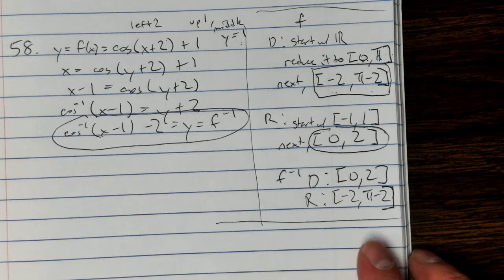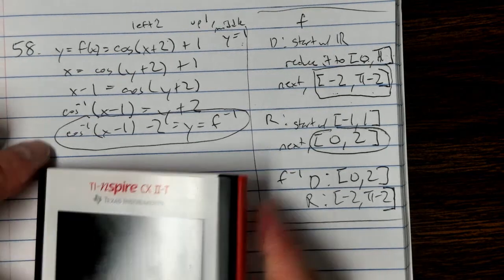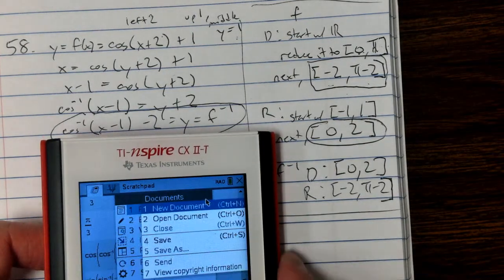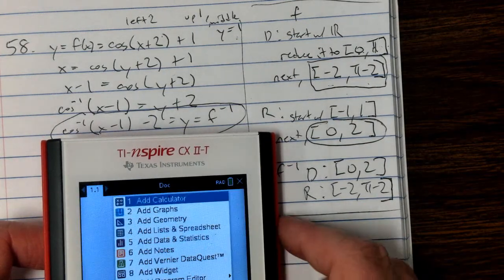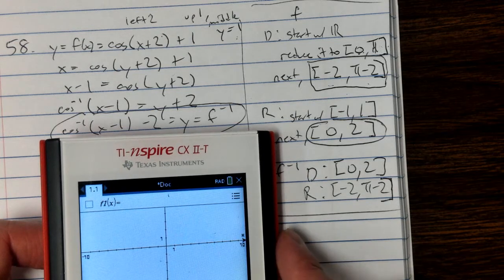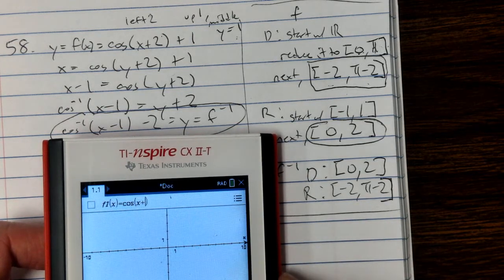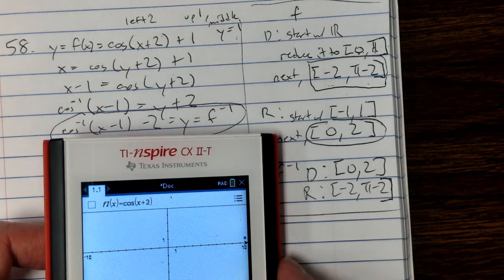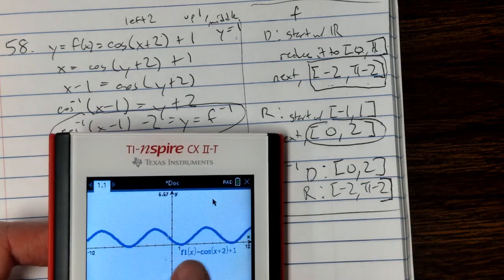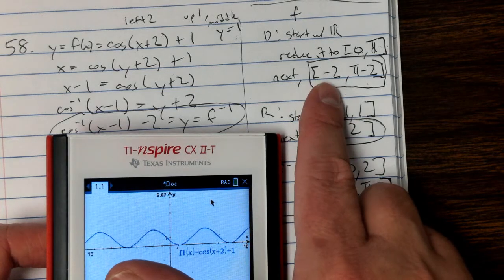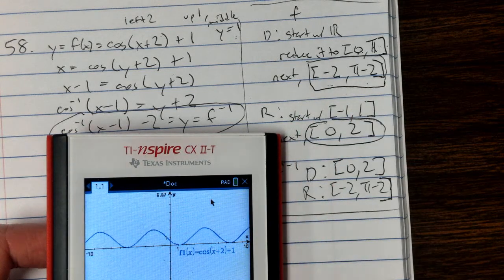Okay, now I'm just going to graph that and see if it makes sense. So we have cosine of (x plus 2) plus 1. Okay, so it's wavy, but we needed to reduce it to -2 to pi minus 2.